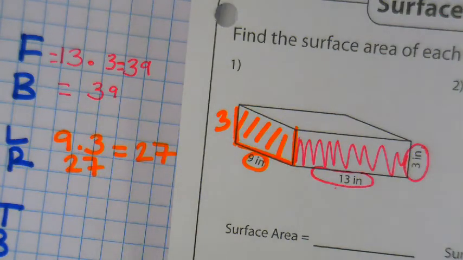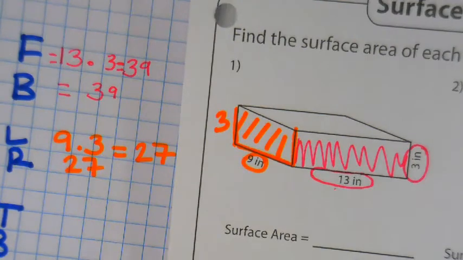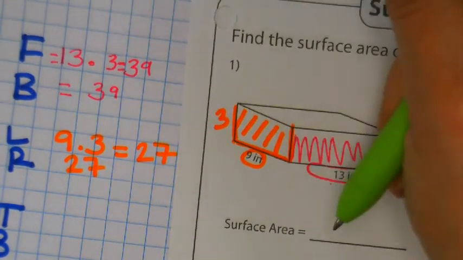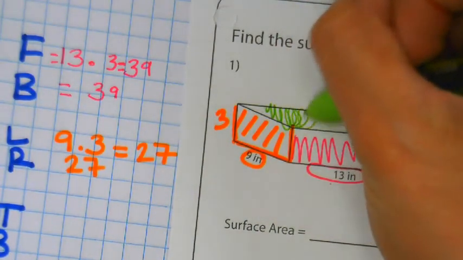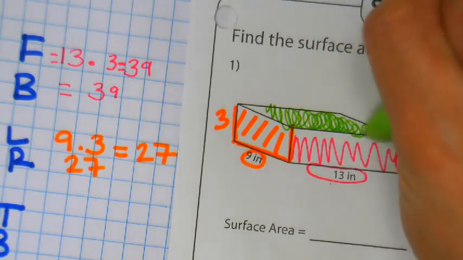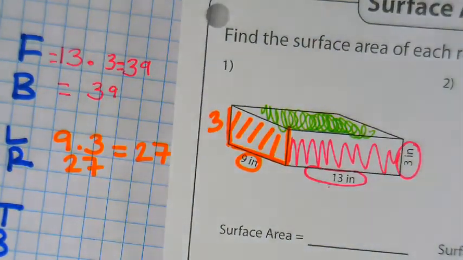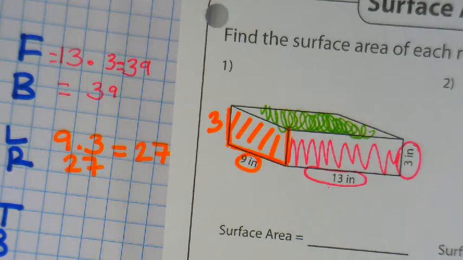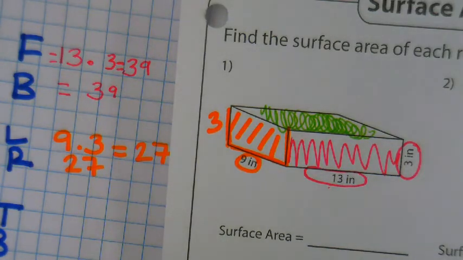Now, the last one we have to do is the top and bottom, right? So up here, take a moment to figure out what the dimensions of that top part are. What 2 numbers have we not multiplied together? What 2 different numbers? 3 and 13.